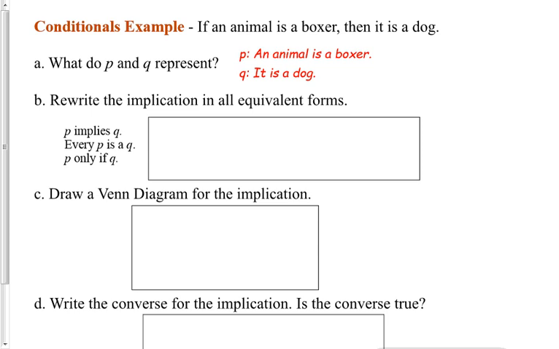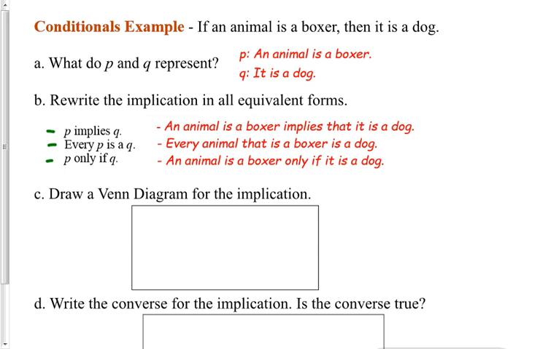Now in part B, it asks us to rewrite the implication in all equivalent forms. Now we see the equivalent forms listed here. 1, 2, 3 different ways to rewrite this implication. The first equivalent form would state an animal is a boxer implies that it is a dog.